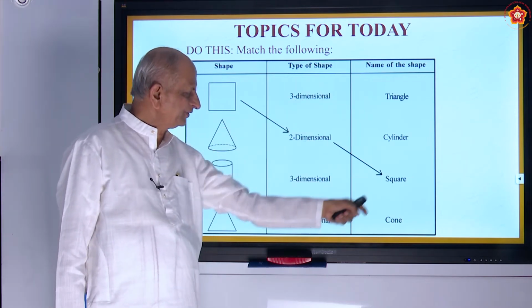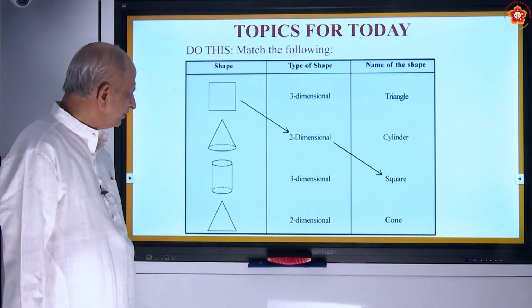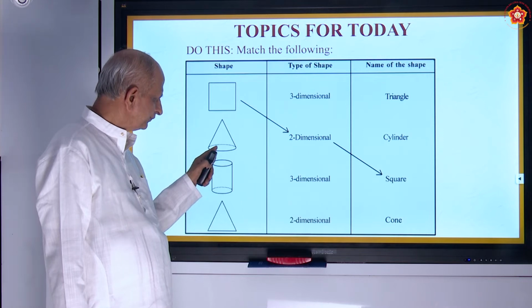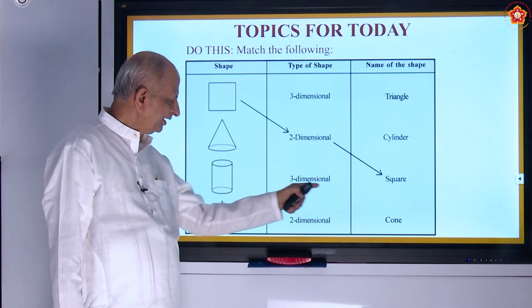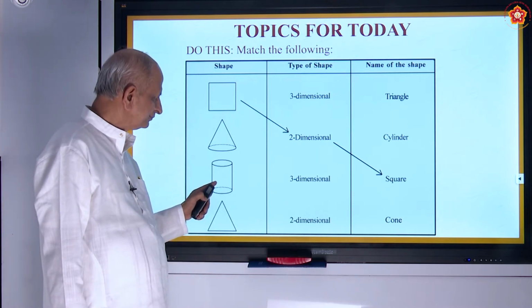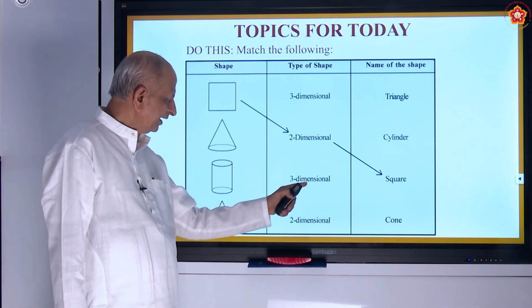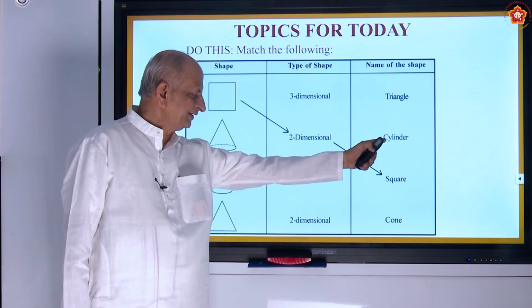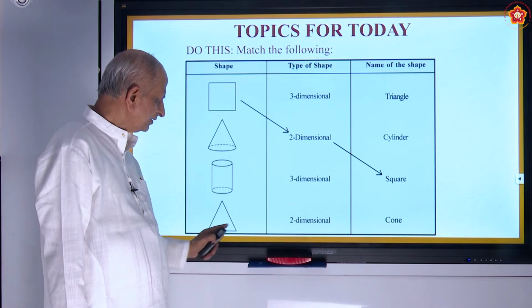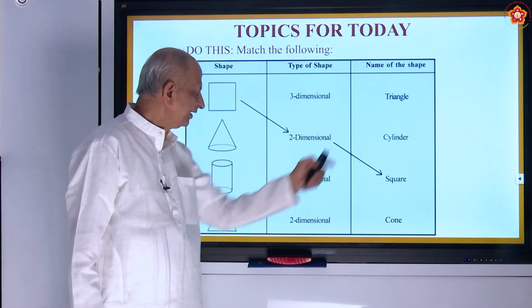Name of the shape is square. Now what is this called? Cone. It is three-dimensional, it is a cone. What is this called? Cylinder. It is three-dimensional. Name of that is cylinder. What is this? Triangle. Two-dimensional triangle.